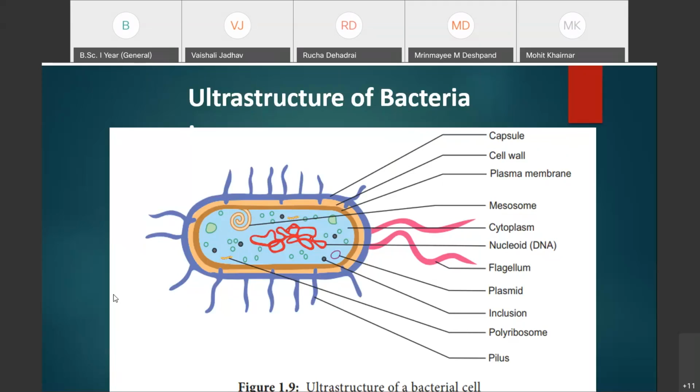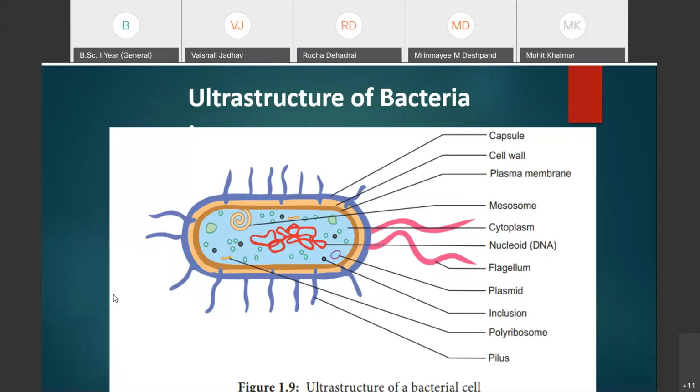That is why some scientists believe that the mesosomes are not the sites of respiration, but that they participate in the formation of the transverse septum during cell division. That means mesosomes play an important role in reproduction, that is, in binary fission. Binary fission is the most common method of asexual reproduction in bacteria.